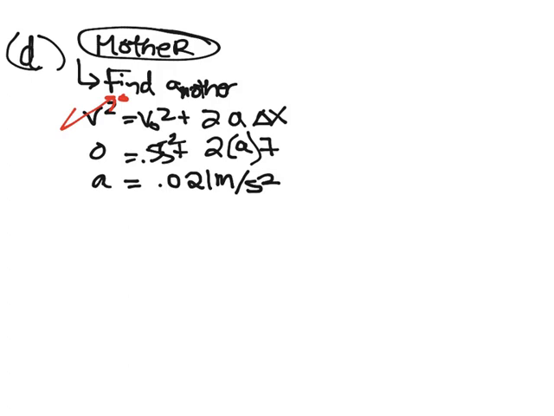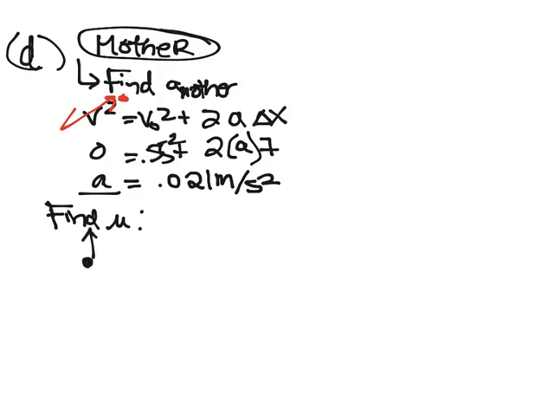I'm going to use this acceleration now to find mu, because I know that the coefficients are both the same for the mother and the child. To do that, I have to draw a free body diagram of the mother.